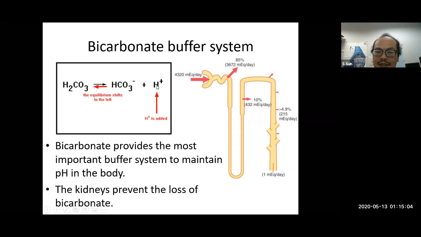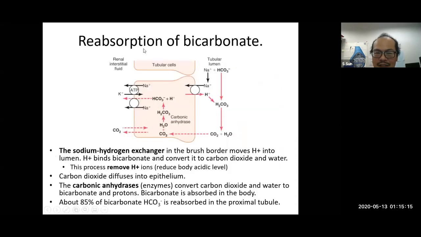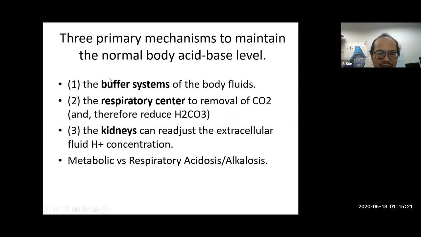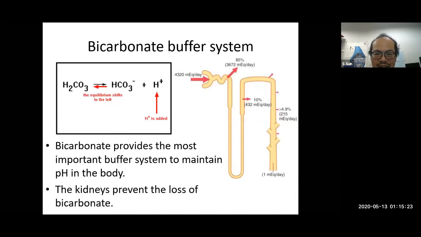If our body is too acidic, it will move in this direction. If it's less acidic, it will move in this direction. So this bicarbonate is an important buffer system. And about 85% of the bicarbonate is reabsorbed in the proximal convoluted tubule.